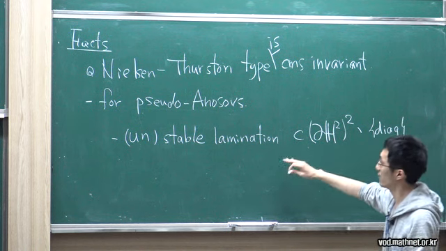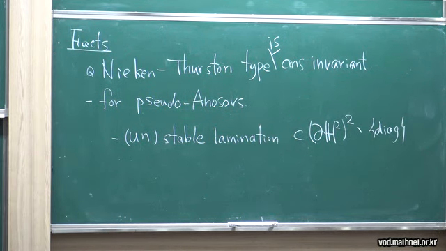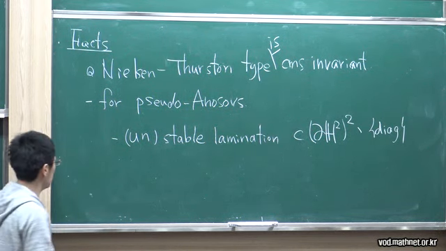And then we can think of the stable and unstable laminations as somehow an invariant of commensurability.